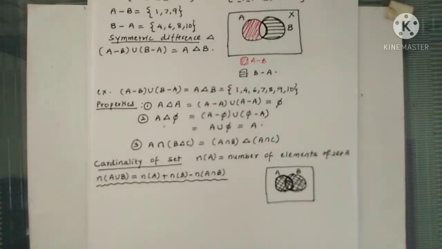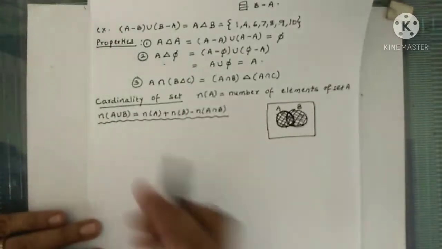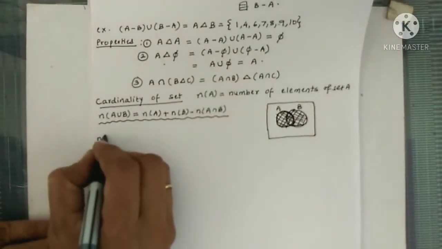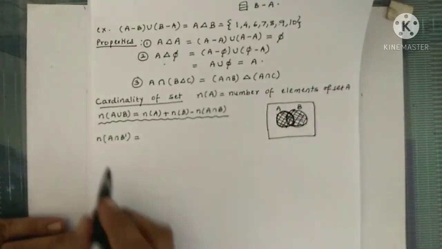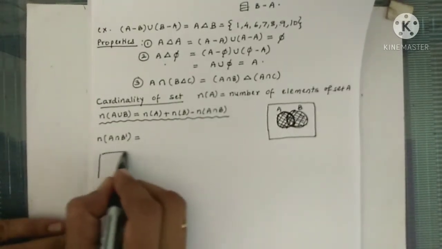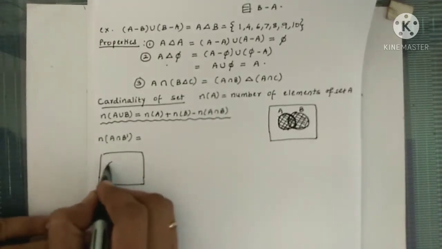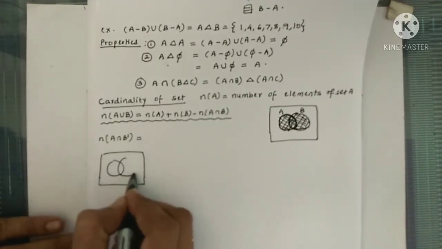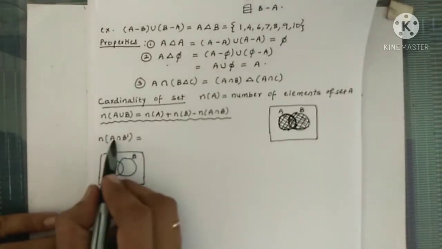Now let's find out some formulas for n(A intersection B dash). So if it is n(A intersection B dash), what happens? First of all, let's draw this set A and B dash. See, first of all, consider whatever is given in between A and B dash.